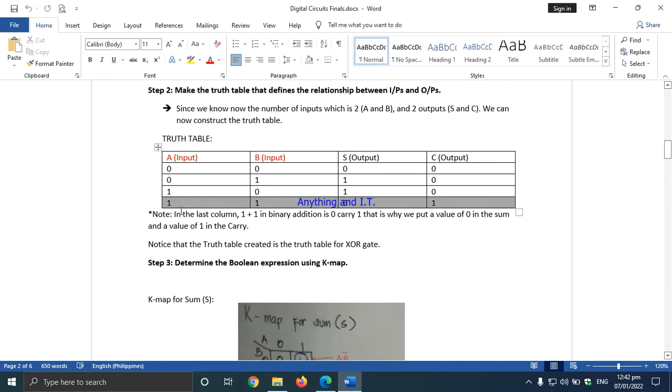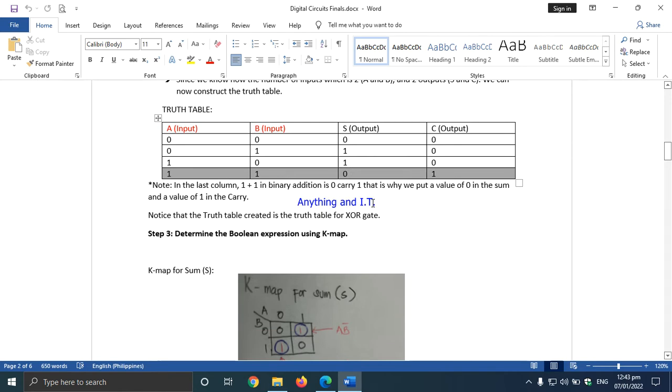But you have to take note that dito, 1 plus 1 is 0, which is hindi na siya characteristic ng OR gate. Instead, this is an example of XOR gate or exclusive OR gate. Okay?